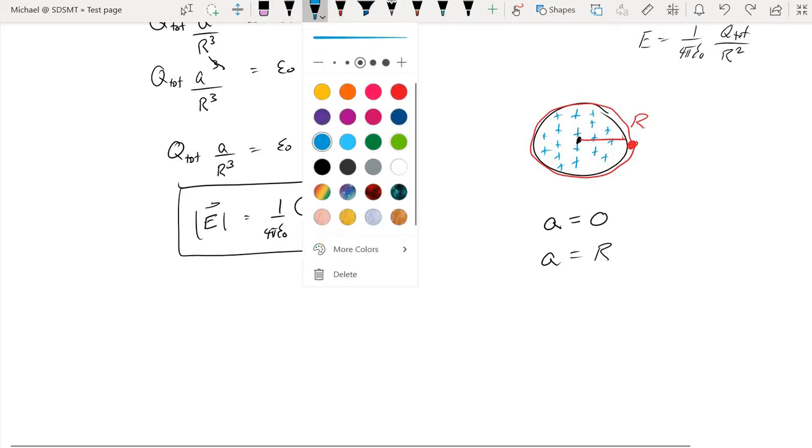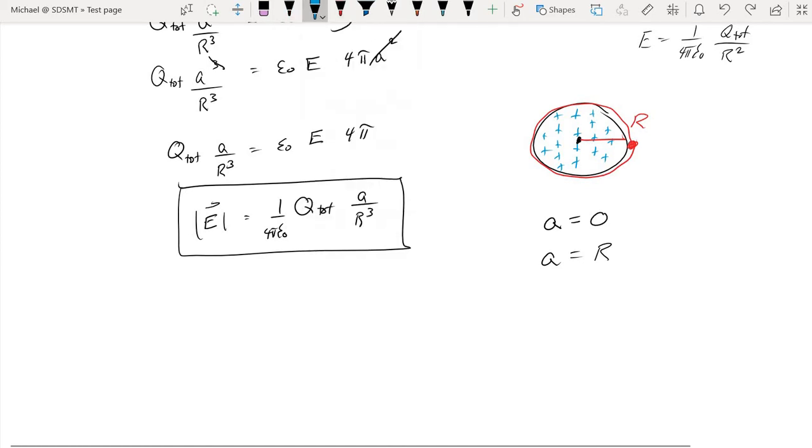basically we're trying to measure the electric field right here at the surface of the sphere. Well, it shouldn't matter if we approach that point from the inside of the sphere or if we approach that point from the outside of the sphere. When we get to that point, we should be measuring the same magnitude of electric field.